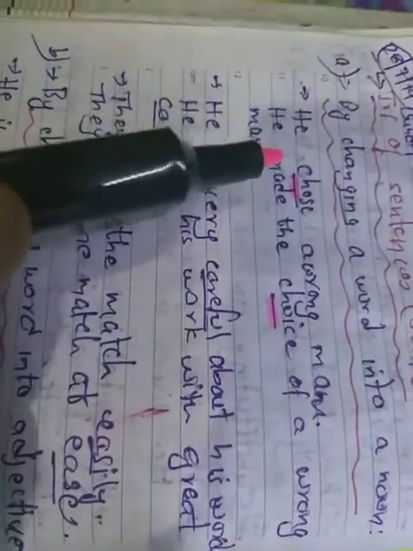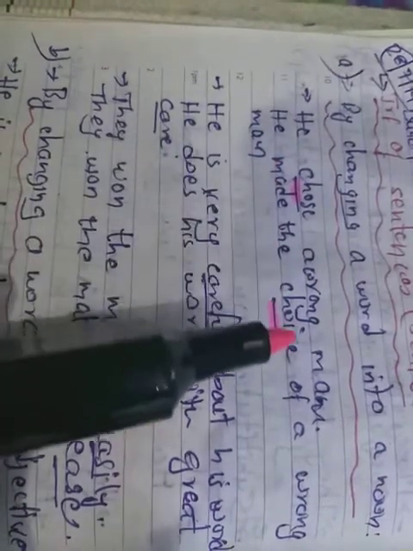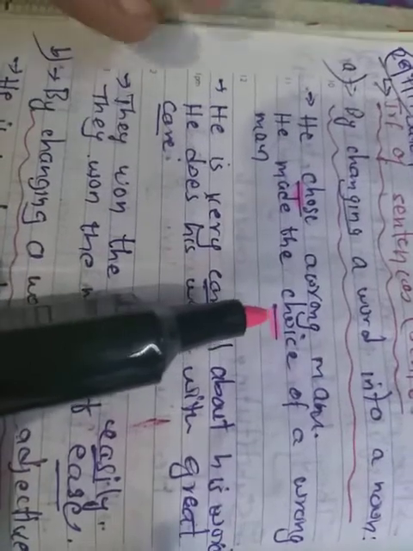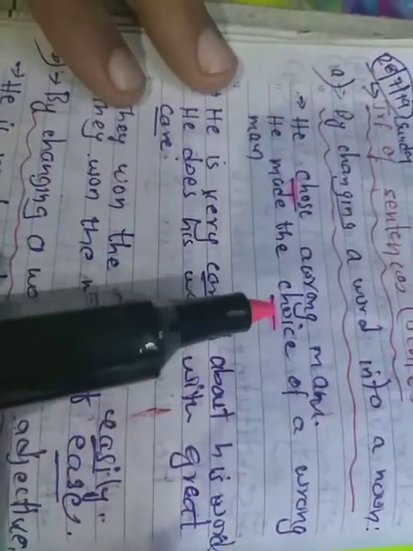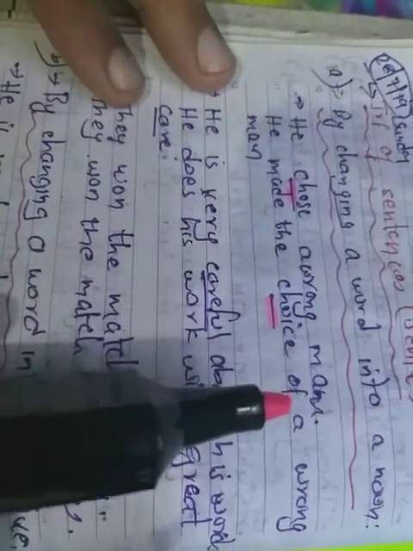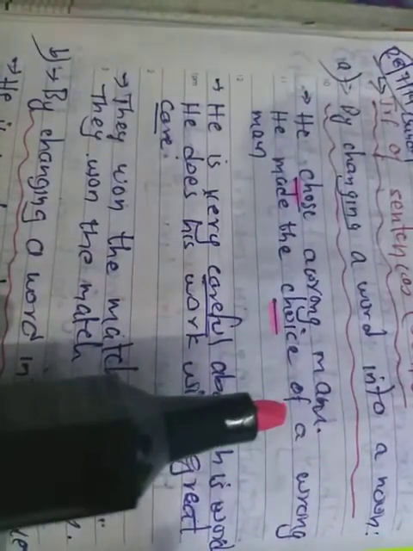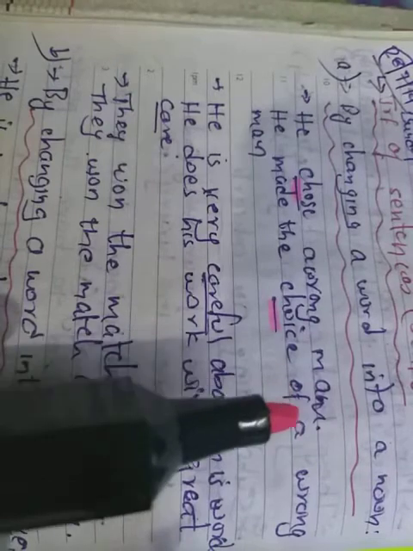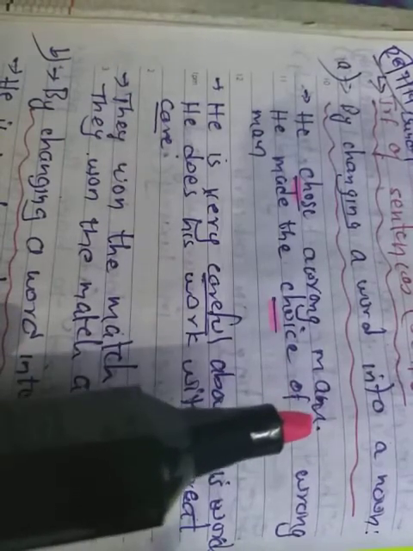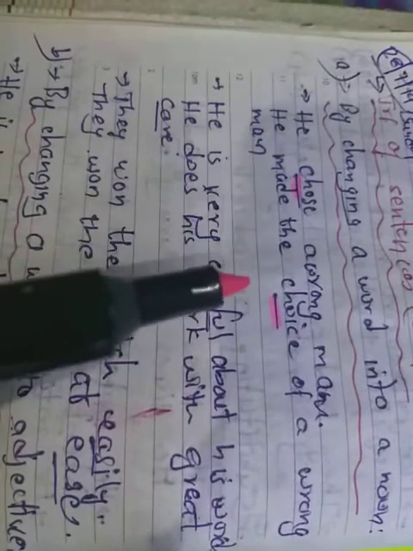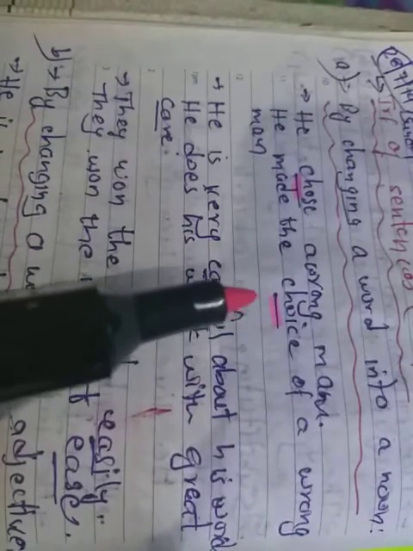In the one mark question, it will be written in the bracket that the word is to be changed into a noun. Nothing extra related to that word will be given, no other hint.